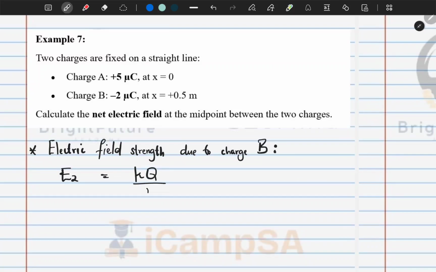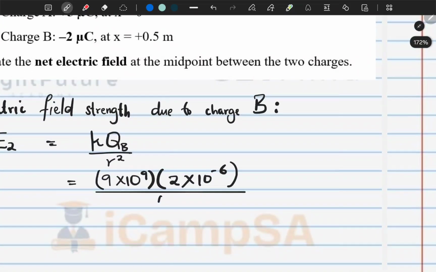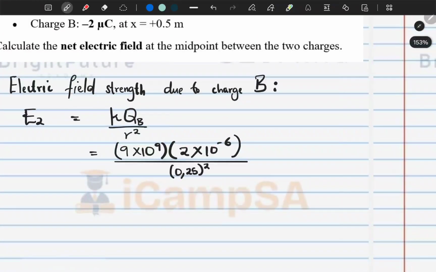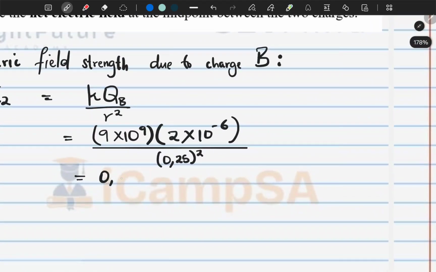KQB, just to distinguish between the two, 9 times 10 to the power 9, and our R is the same, 0.25 squared. What do we get? I get 0.288 times 10 to the power 6 newtons per coulomb.